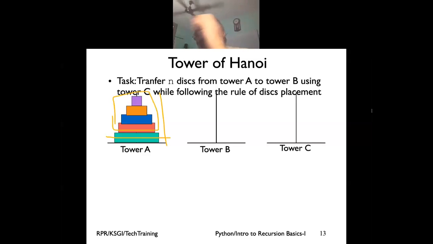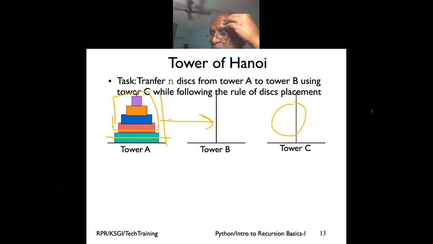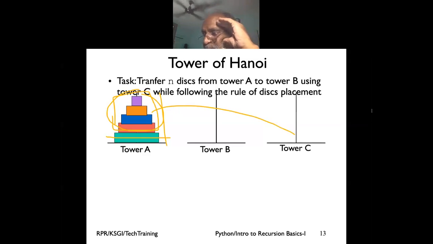I know I have to move 5 disks, but I look at the problem of 4 disks, and I move these 4 disks onto tower B using tower C. Now once I move these 4 disks, I move these 4 disks onto tower C using tower B as empty tower.